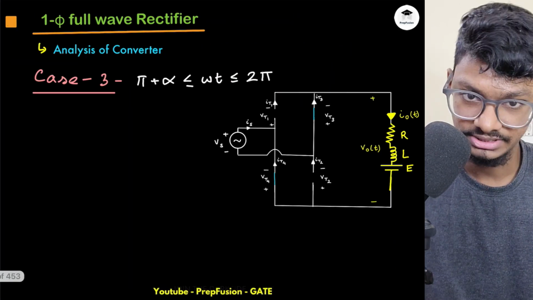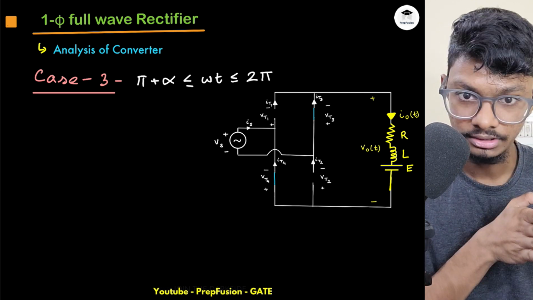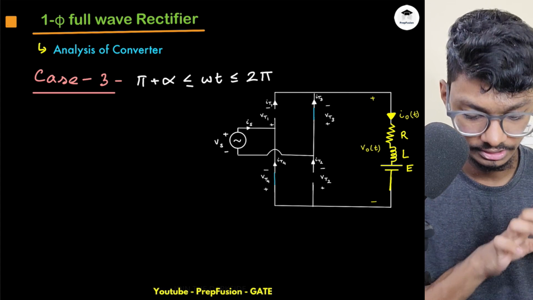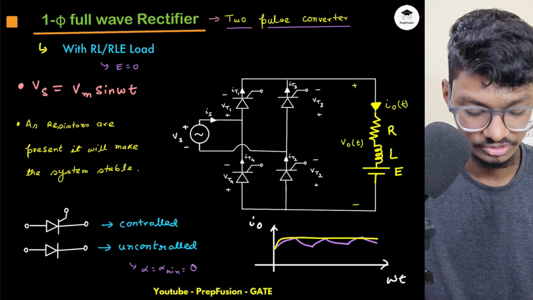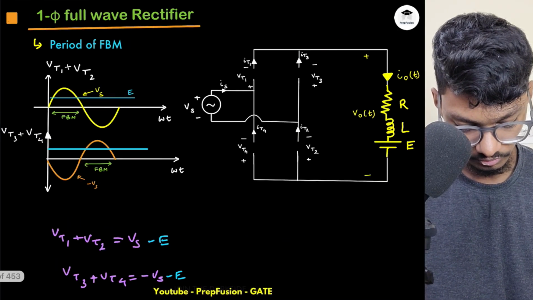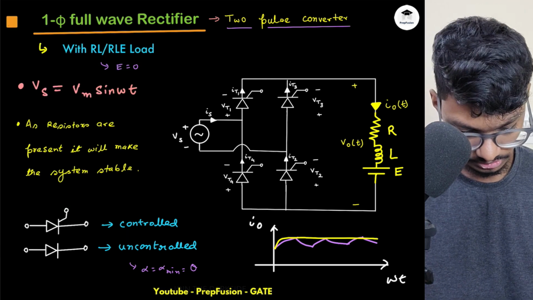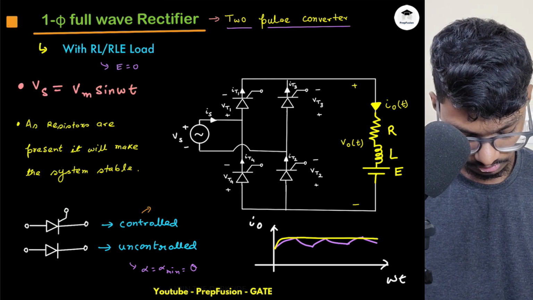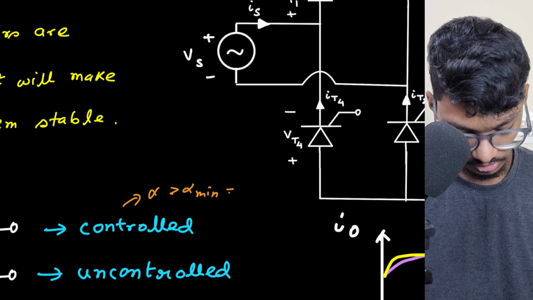Now at pi plus alpha, what is happening? My assumption is alpha is greater than theta, so it will only conduct. If we're analyzing the controlled case, my alpha will be greater than alpha minimum, which equals theta.